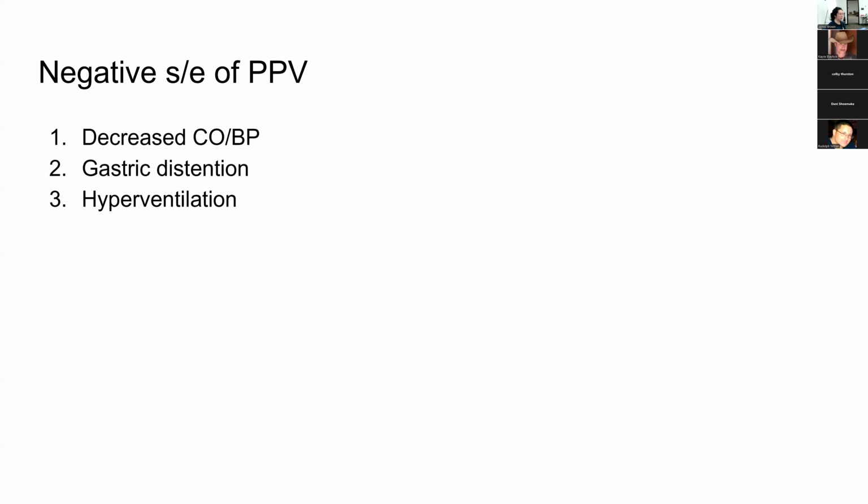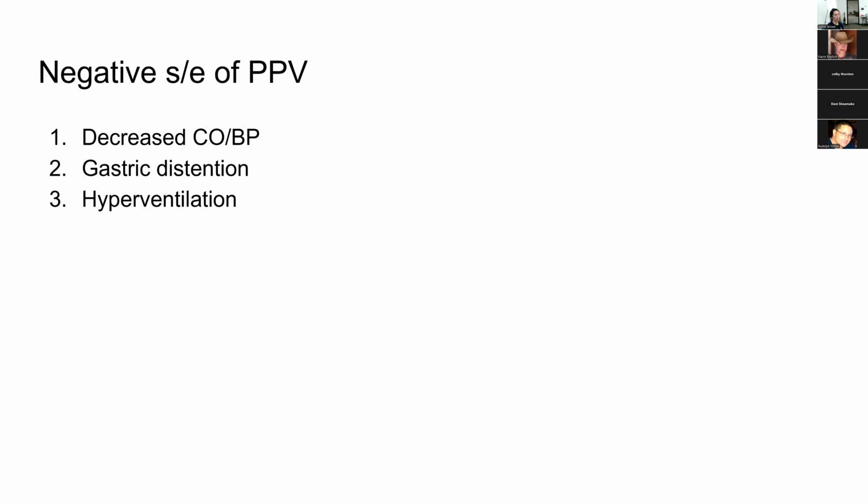If you have too much pressure, meaning too much PEEP, you're going to tank their cardiac output and their blood pressure. This is more related to things like a BiPAP or a CPAP, because typically you're not going to have super high pressures on this, but that is a consequence of positive pressure ventilation.